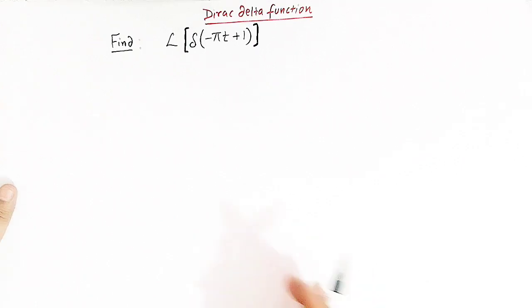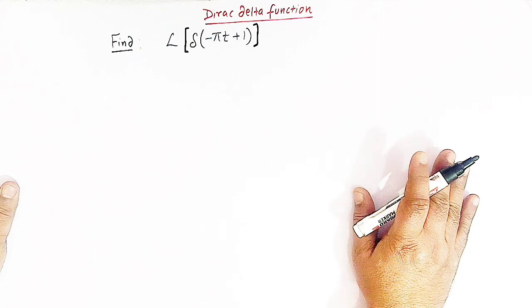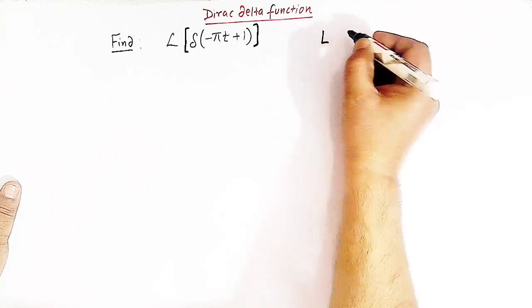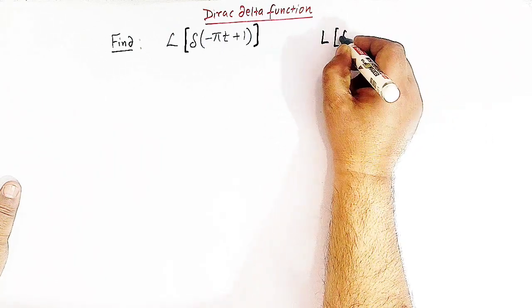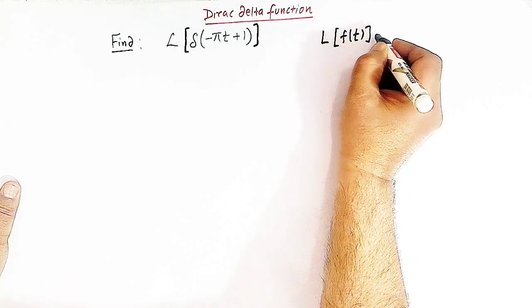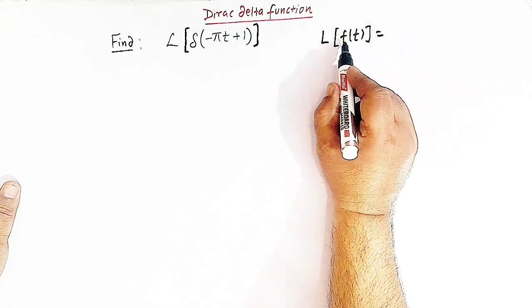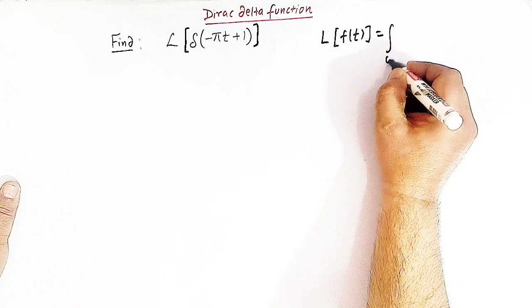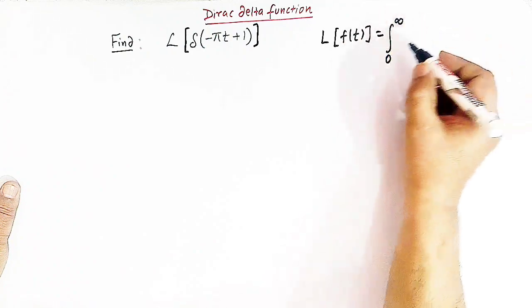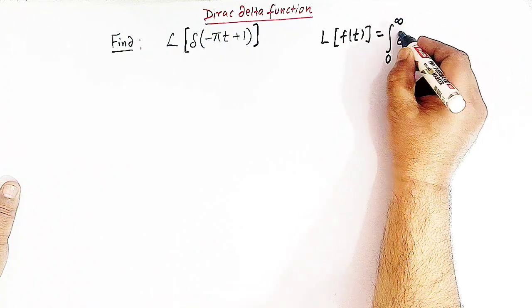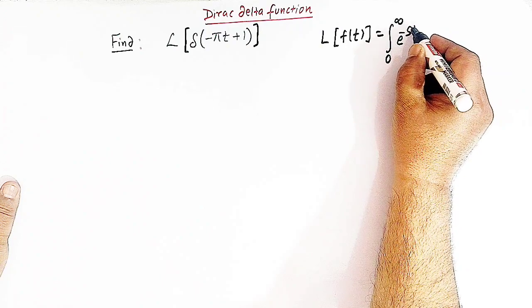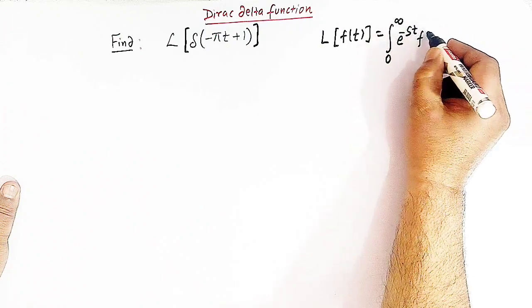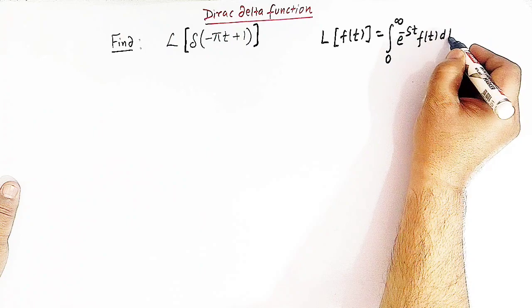So let us first define the Laplace transform of some function, say f of t. The Laplace transform of the function f of t is given by this integral, 0 to infinity e raised to minus s times t, f of t dt.